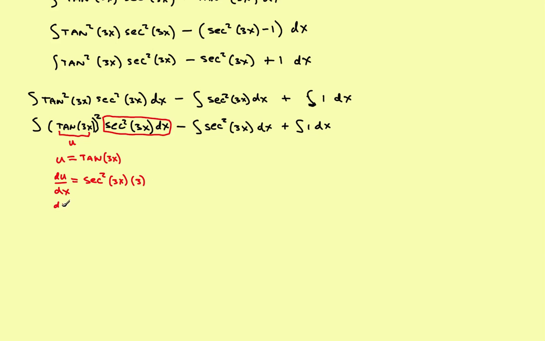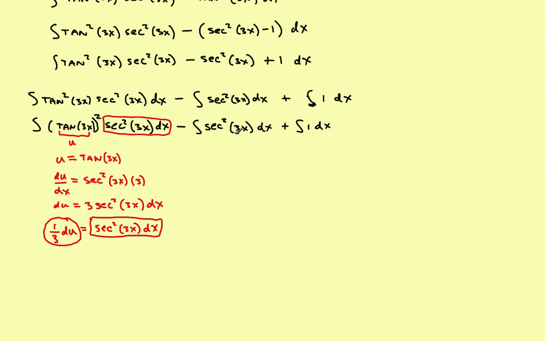So that gets you to du would be equal to, now I'll take the 3 and move it in front, 3 times the secant squared of 3x dx. Now again, you don't need this 3, so move it to the other side, and you wind up with 1/3 of du would be equal to the secant squared dx. Now again, this matches up with this right here, so on this first integral, that's going to be your u substitution right there.